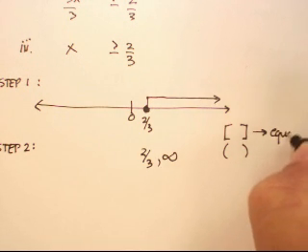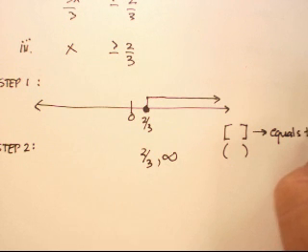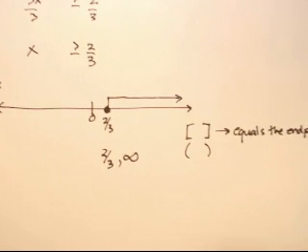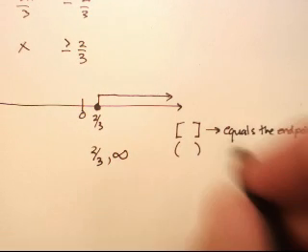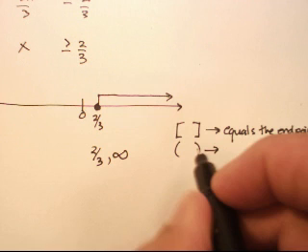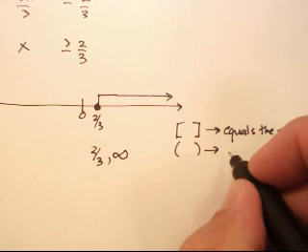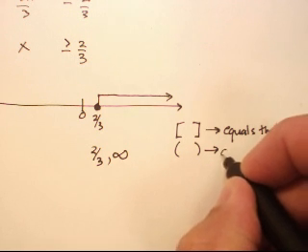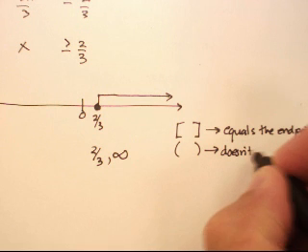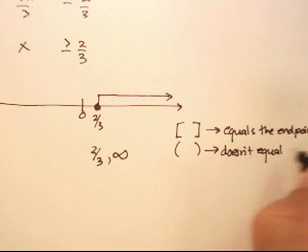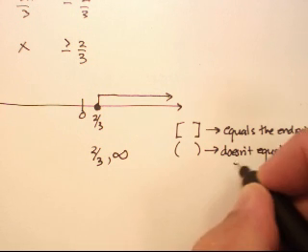So if it equals the end point, you use a bracket, and you use the parentheses when it doesn't equal the end point.